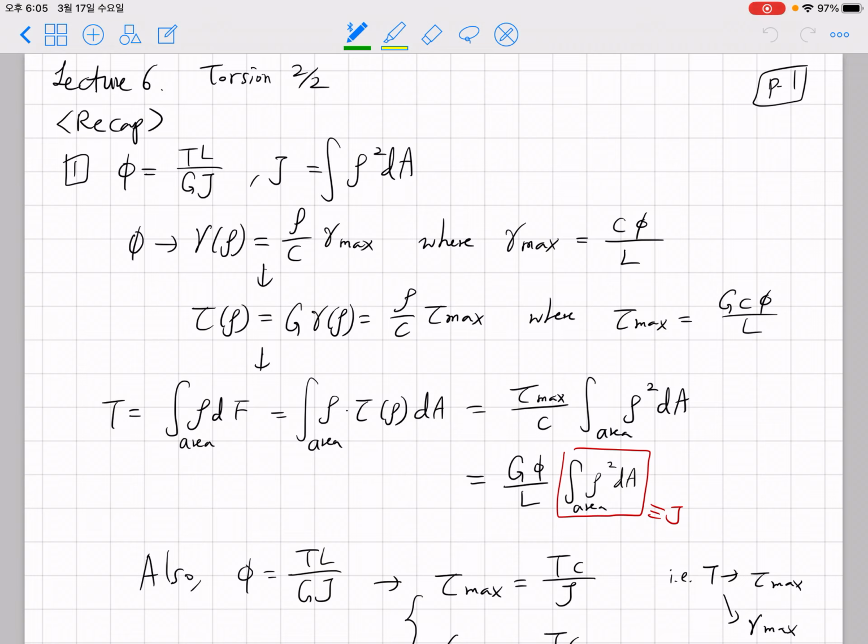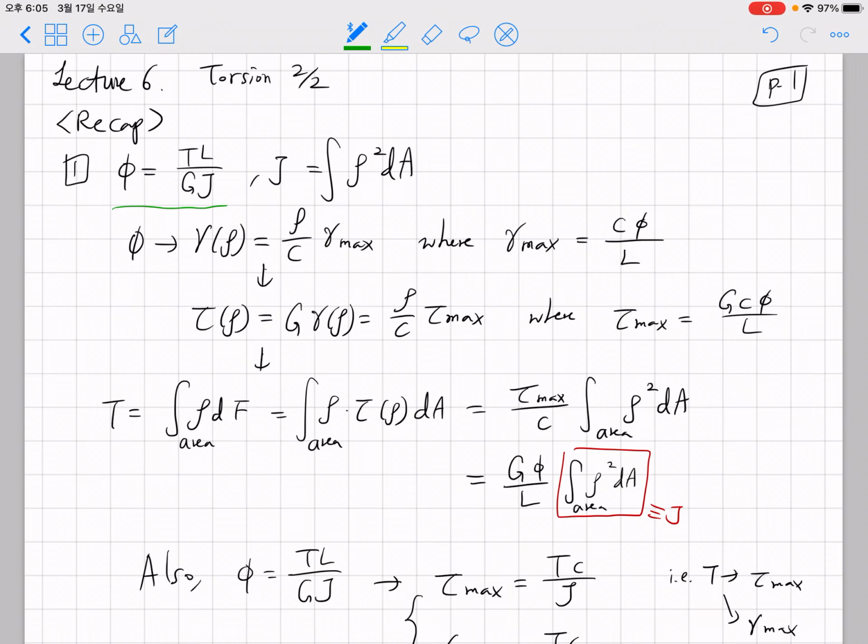First, as we have done in the axial loading chapters, we discussed and derived how to obtain the deformation out of the torsional loading. Here, the deformation is the twist angle phi. And the equation we derived has a similar mathematical structure to the equation we derived for displacement in axial loading.